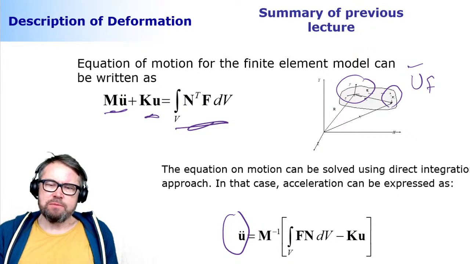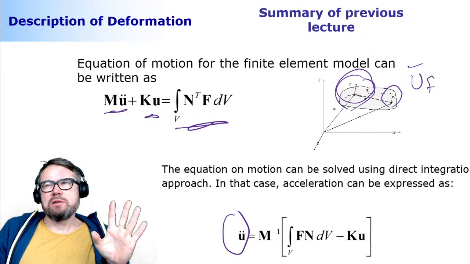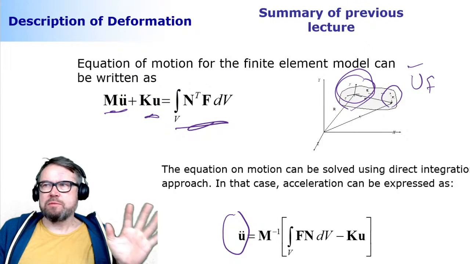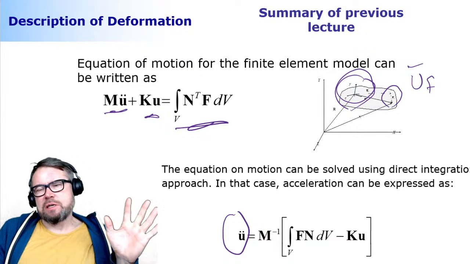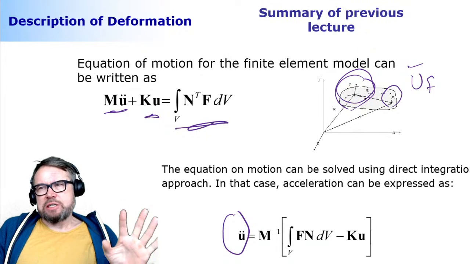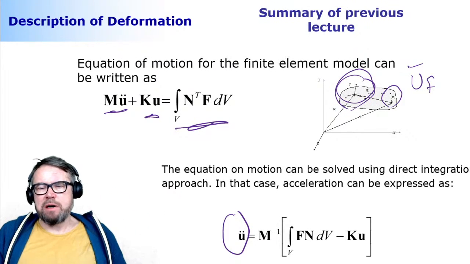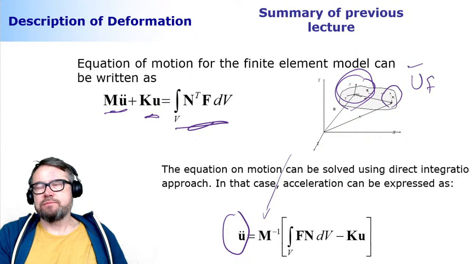Because reference motion, this large translation and rotation, is described by using 6 or 7 coordinates, depending on how you describe your rotational parameters. But let's just say we're describing the large reference motion by using 6 coordinates. And then a typical finite element model consists of easily 10,000 degrees of freedom.